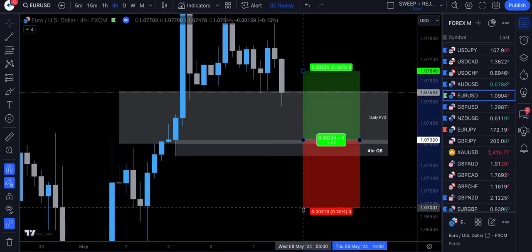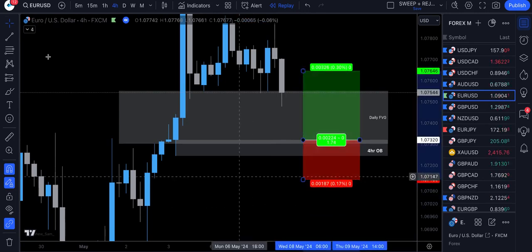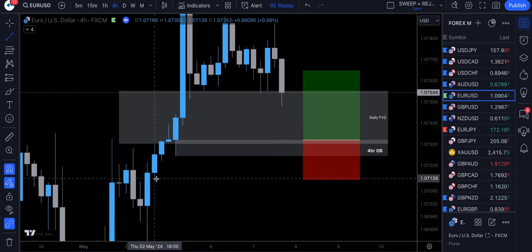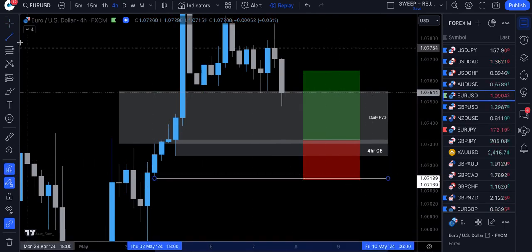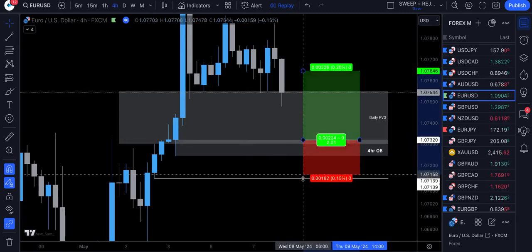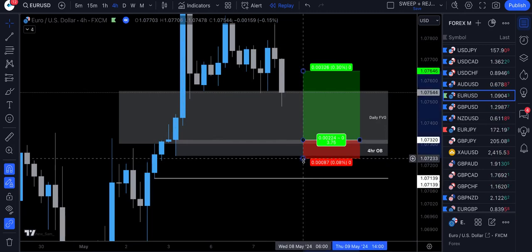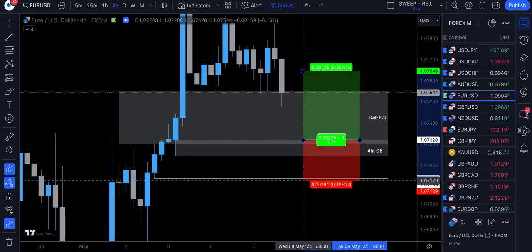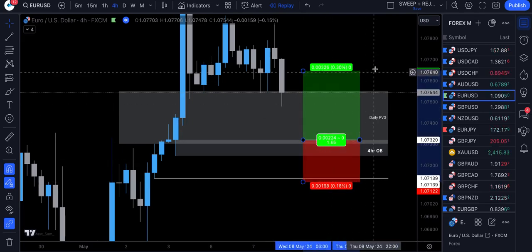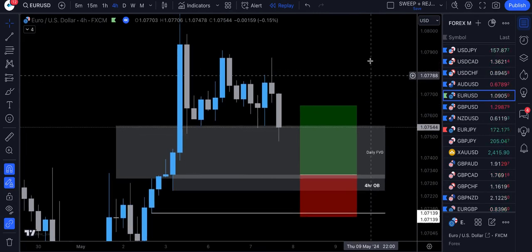Stop loss, we want to give it a little bit of room to breathe. You've got an area here. We could put our stop loss just below the order block. However, I think it's very important to have a bit of a wider stop in order to allow your thesis to play out and be very, very patient within the markets.